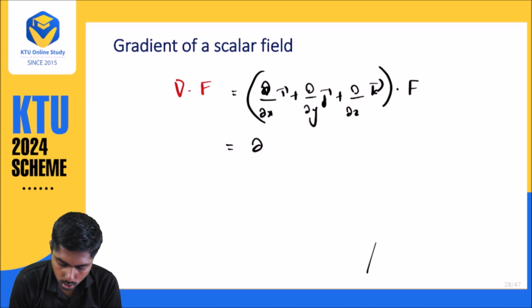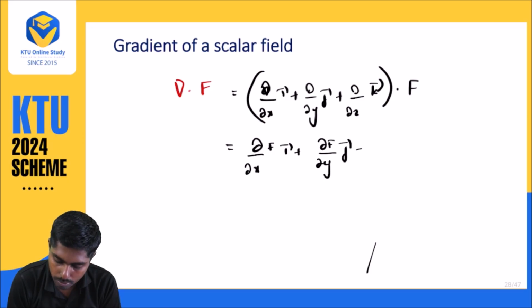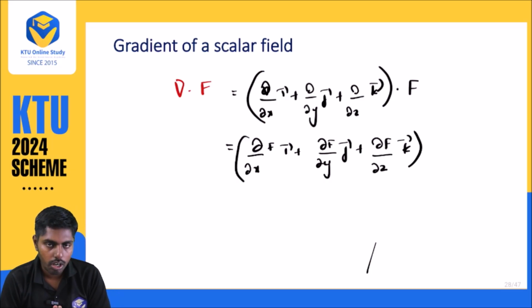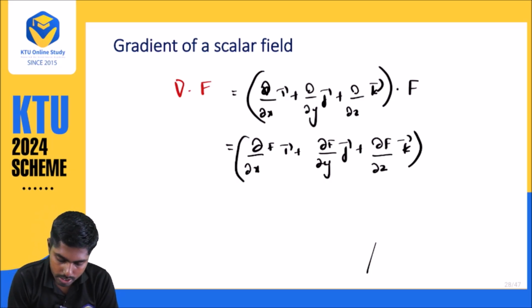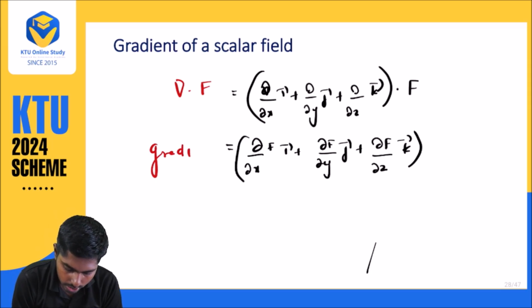That is nothing but dou f by dou x i vector plus dou f by dou y j vector plus dou f by dou z k vector. So this is the formula of grad f.